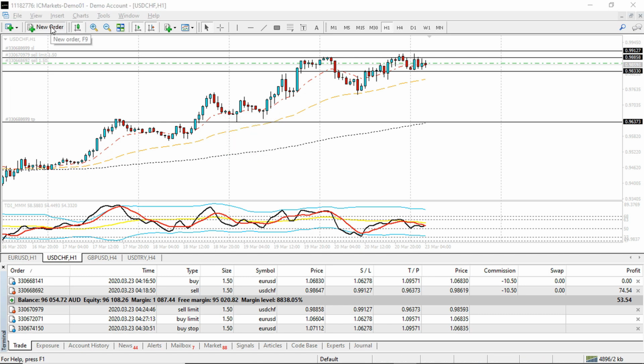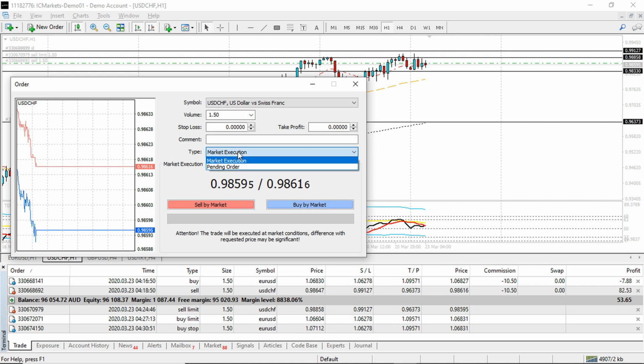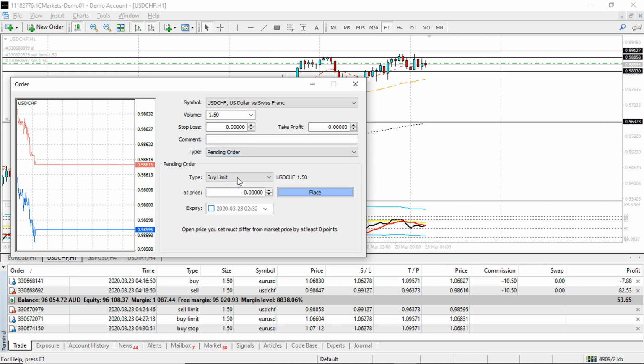So once again you click on new order, click on market watch, select pending order, and instead of buy limit, you select sell stop this time around. Sell stop, we put in our entry price at 0.98330.